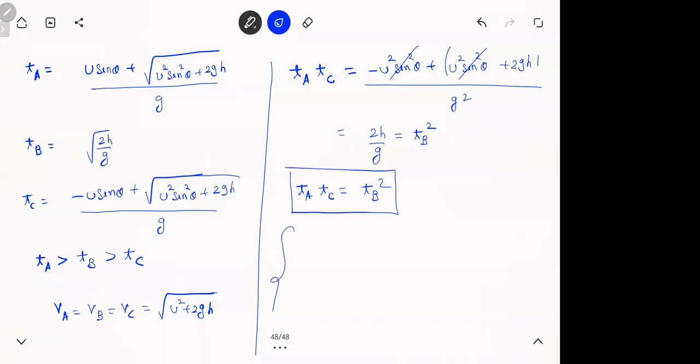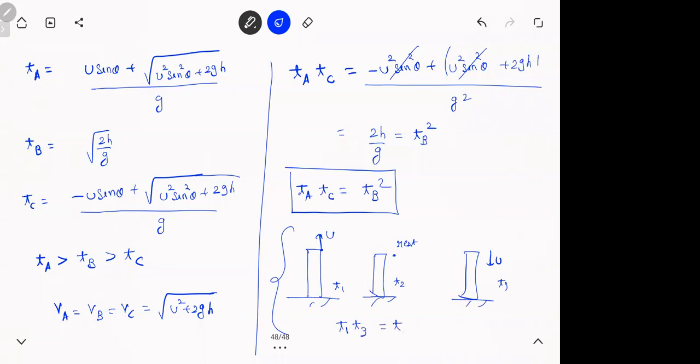And if you remember, we have done this in 1D motion. If you throw a particle up with u, throw a particle from rest, and throw a particle down with u, this is T1, this is T2 and this is T3. Check it out, we did this. The product of the times when you throw up and down is the square of the time when you throw it from rest.